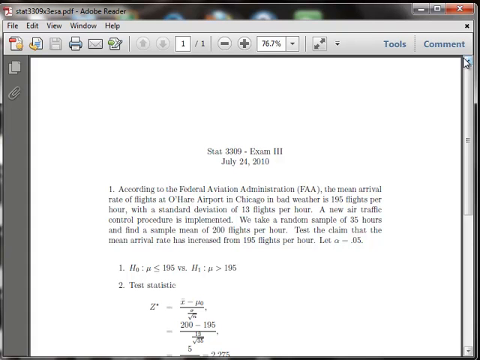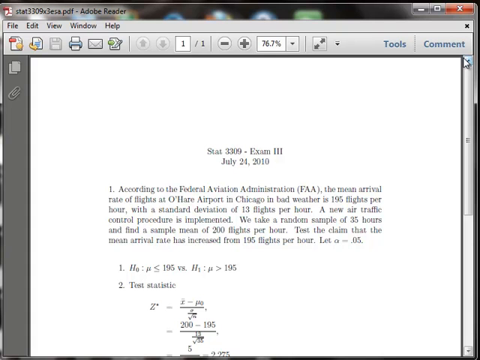Let alpha equal 0.05. So the important things to remember are in that second to last sentence, the one that starts out with "test the claim." That tells us we're dealing with a hypothesis test. Then the number in there is going to be your mu sub 0, so mu sub 0 will be 195.